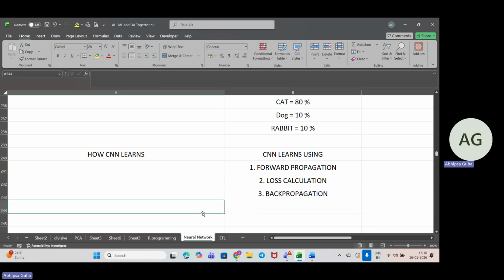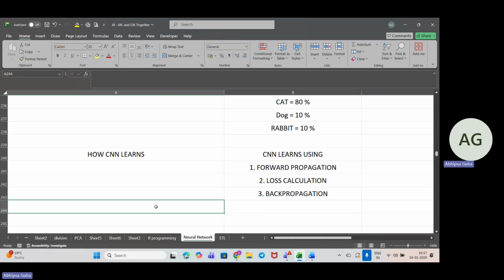Now we need to have a proper idea about it. So CNN looks at an image like humans. We have the image, we have the filters, then we have the features. Then these features become smaller features, then we flatten them and then think and decide. This is how the entire CNN works.